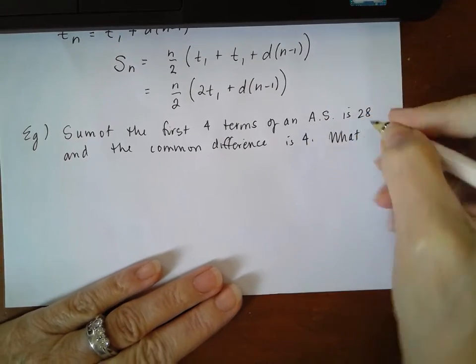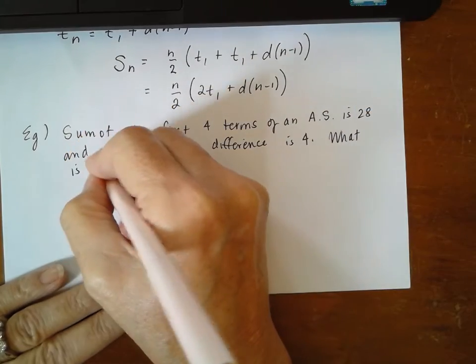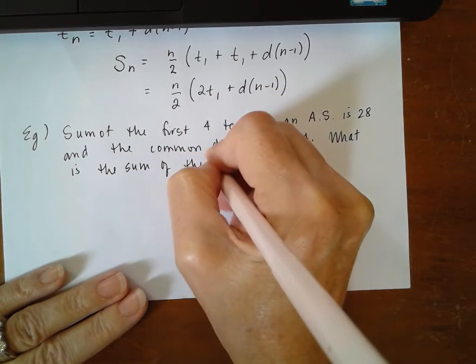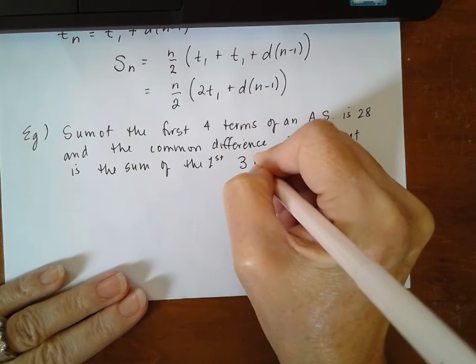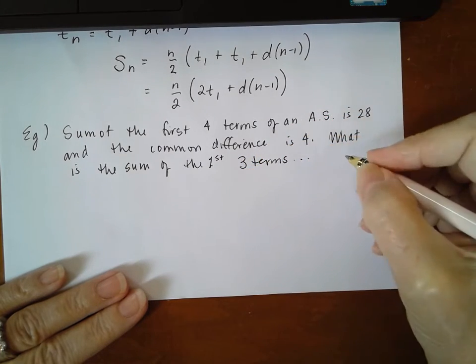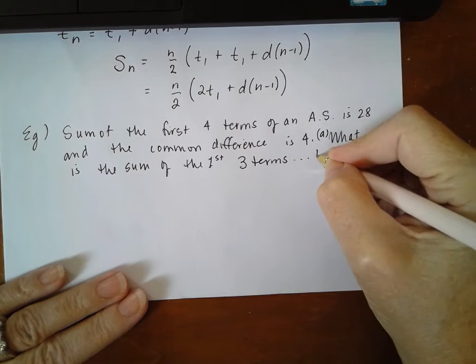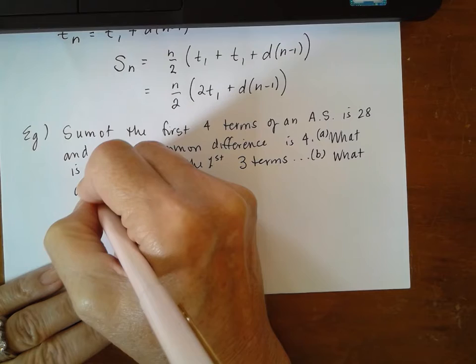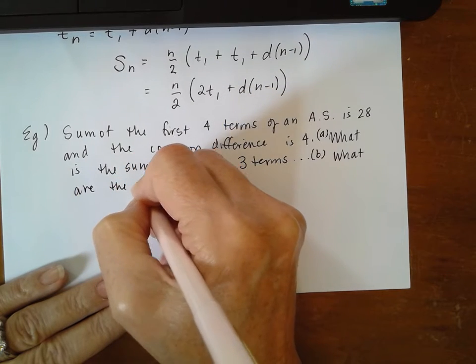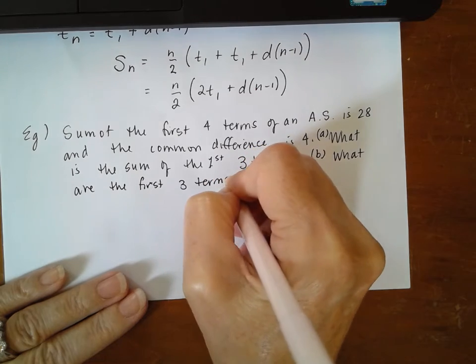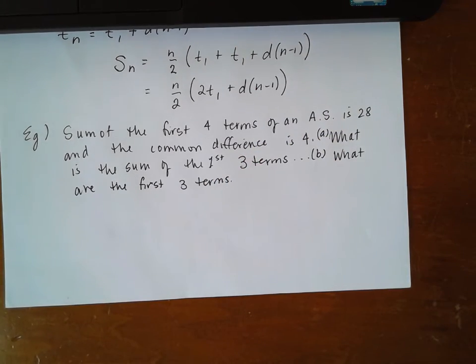A: what is the sum of the first 3 terms? B: what are the first 3 terms?